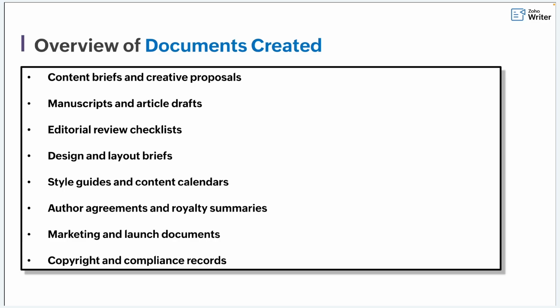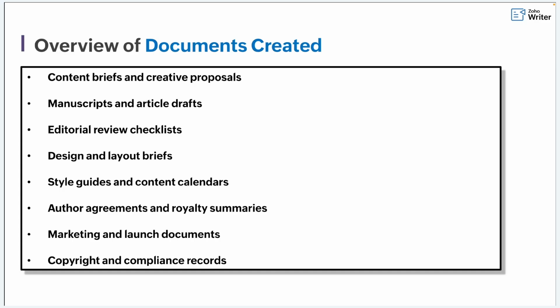The editorial checklist ensures every piece meets quality and consistency standards before it goes live. The design and layout brief guides the creative team to maintain visual and brand consistency across publications. The style guide and content calendar help the team stay on schedule and maintain the right tone across all content types.